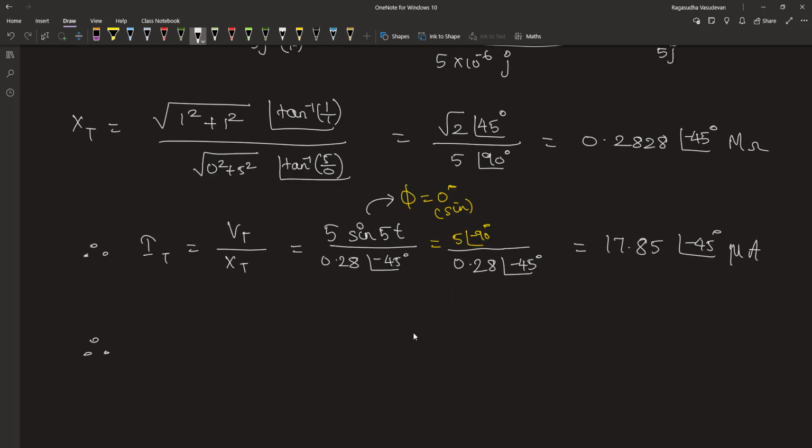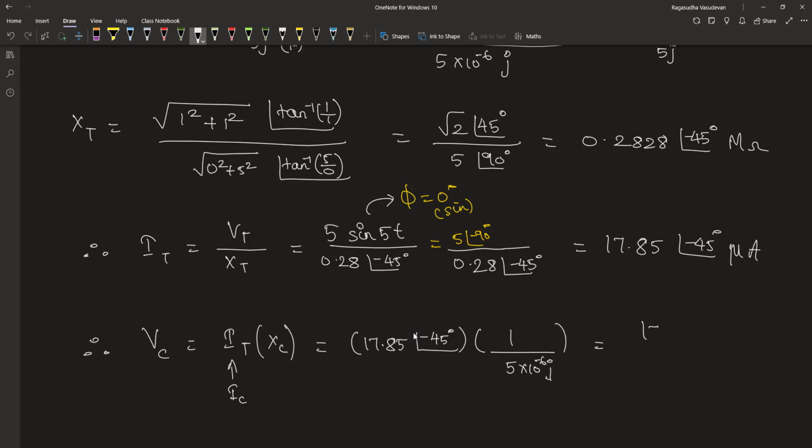Now let us find out the value of the voltage across the capacitor, which is equal to the current passing through the capacitor, which is same as the total current, times the capacitive reactance. This is equal to 17.85 angle minus 45 degrees times the capacitive reactance, which is 1 divided by 5 into 10 power minus 6 j.